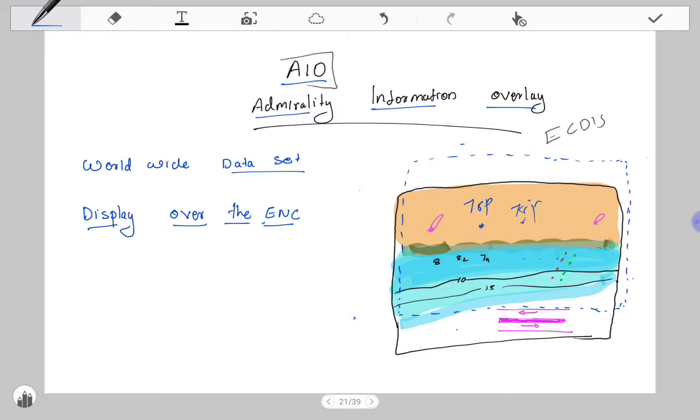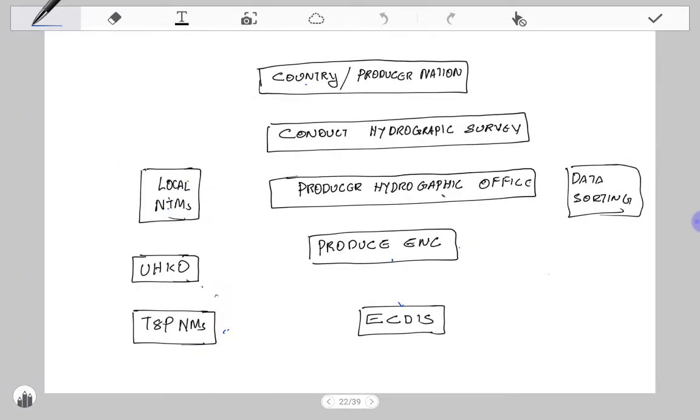So when the ENC cell is updated, and you want to view the AIO for a particular region of that cell, you just have to activate the AIO. All the AIO information containing the TNP will be displayed on the cell.